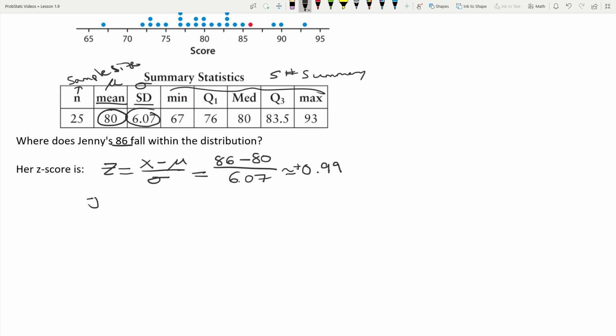Well, this means that Jenny's test score is 0.99 standard deviations above the mean.